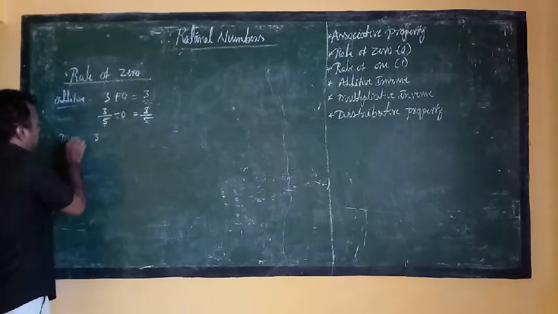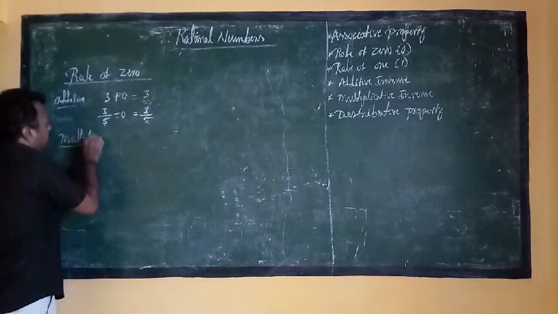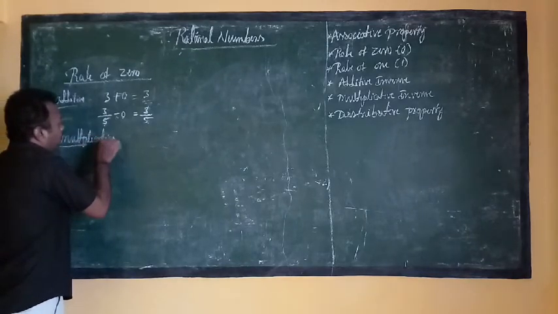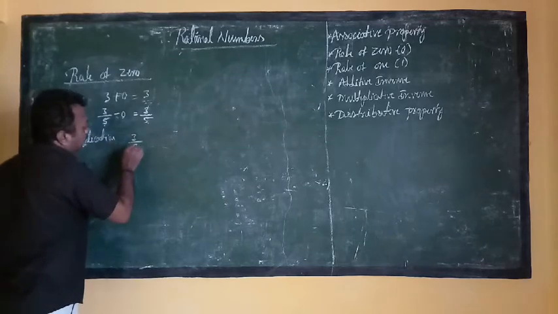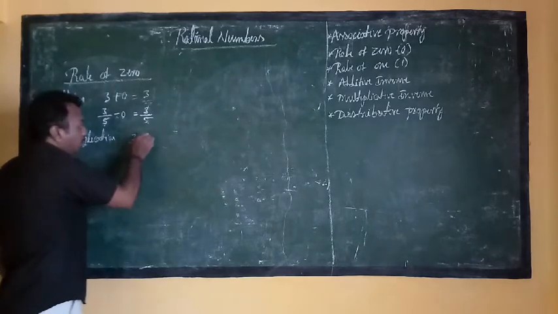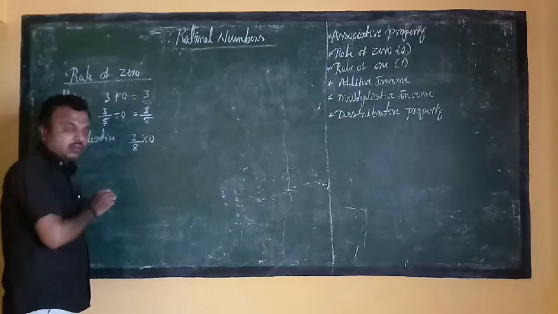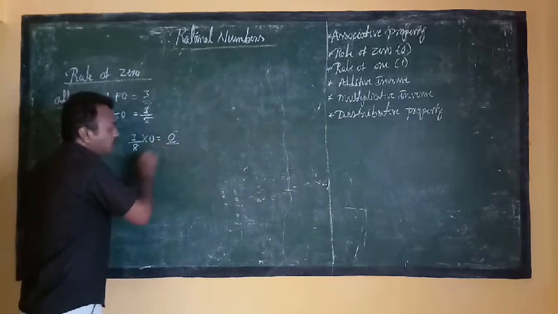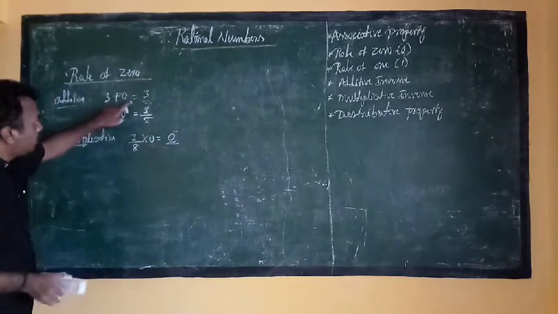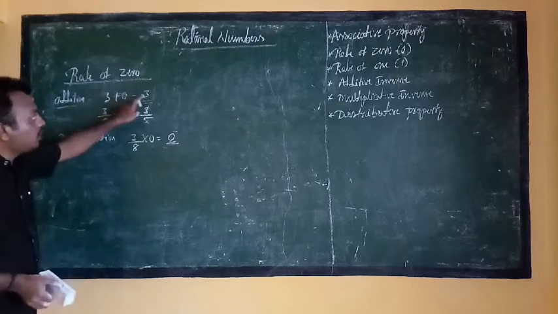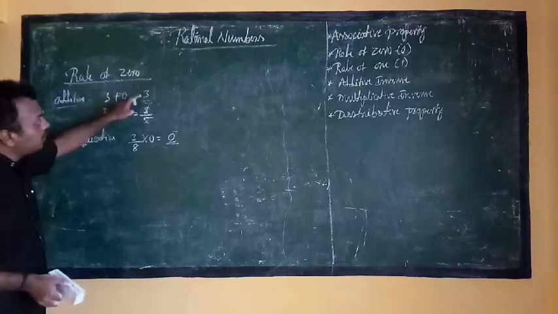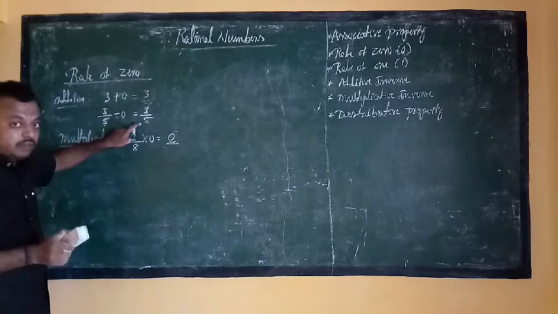Now multiplication. If you take any rational number, 3 by 8 is one of the rational numbers. If you multiply by 0, the result becomes 0. If you add or subtract 0 with any rational number, the result remains itself.